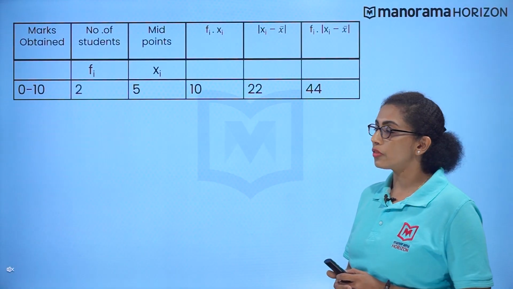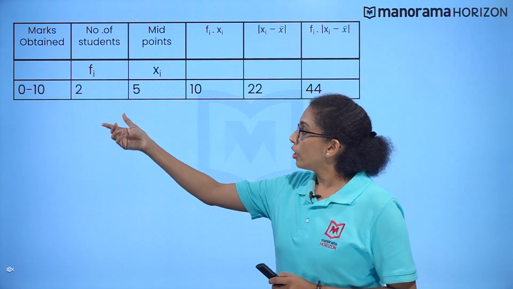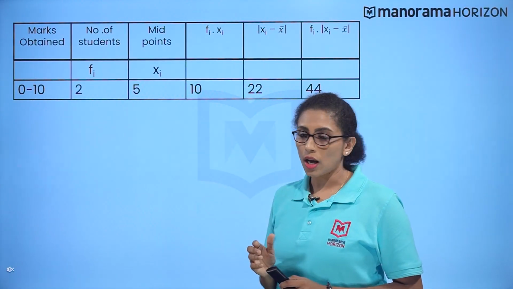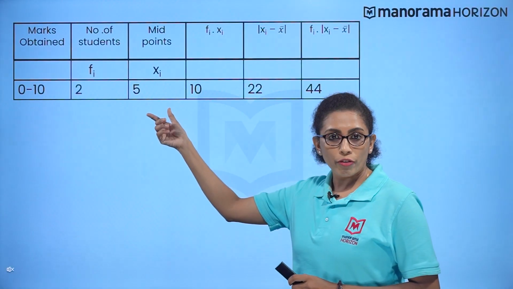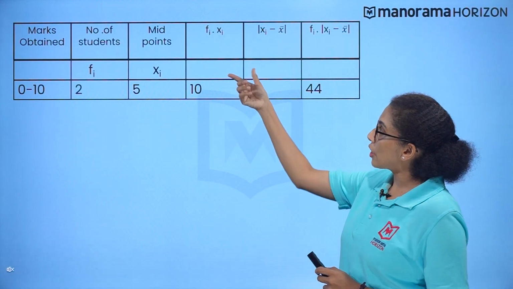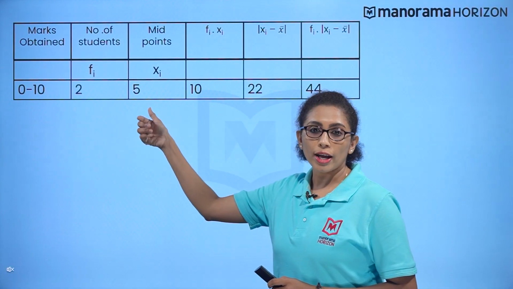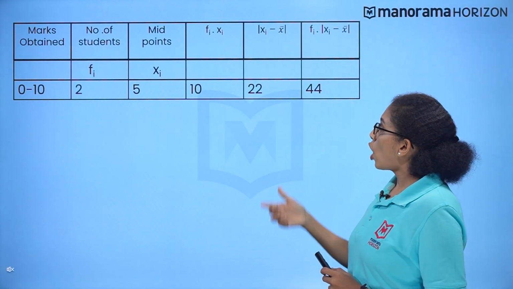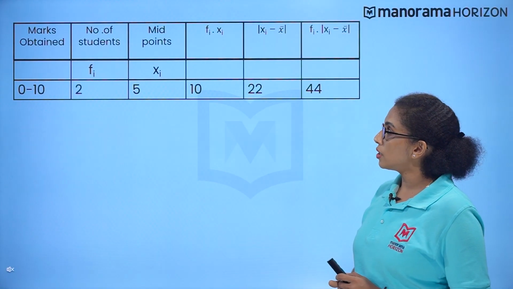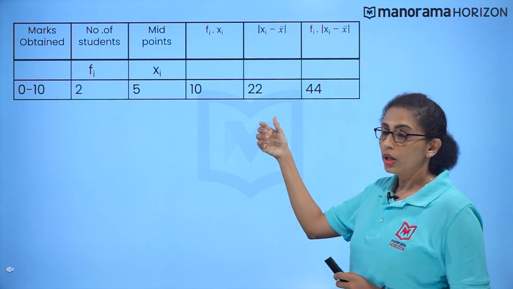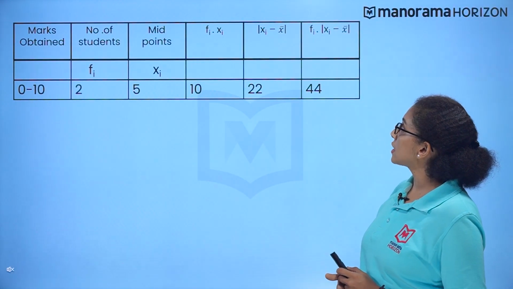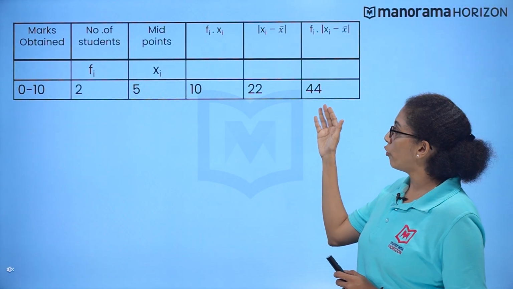For the class interval 0 to 10, Fi is 2 as per the data, xi is equal to 5. Now what is Fi into xi? 2 into 5, we get 10. Now modulus of xi minus x bar is 22 and Fi into modulus of xi minus x bar is 44.